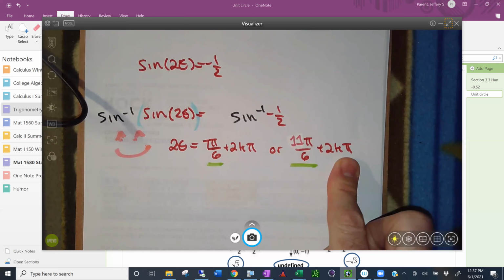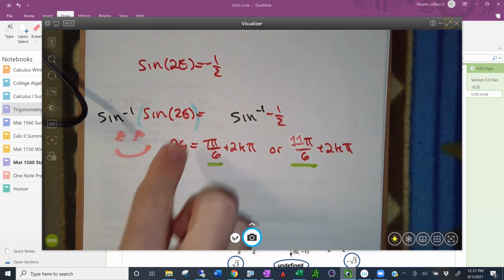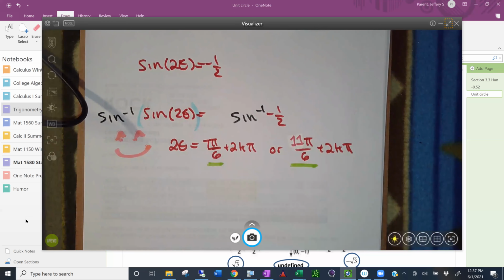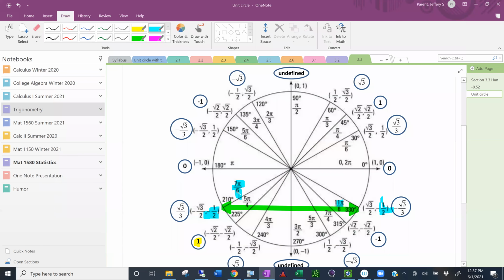Right, because this angle here, 2 theta, it could be 7 pi over 6, or if you add a multiple of 2 pi, that's going to bring you right back to here. It's not going to look like 7 pi over 6 anymore, but it's going to bring you to the same angle, which will have the same y coordinate.